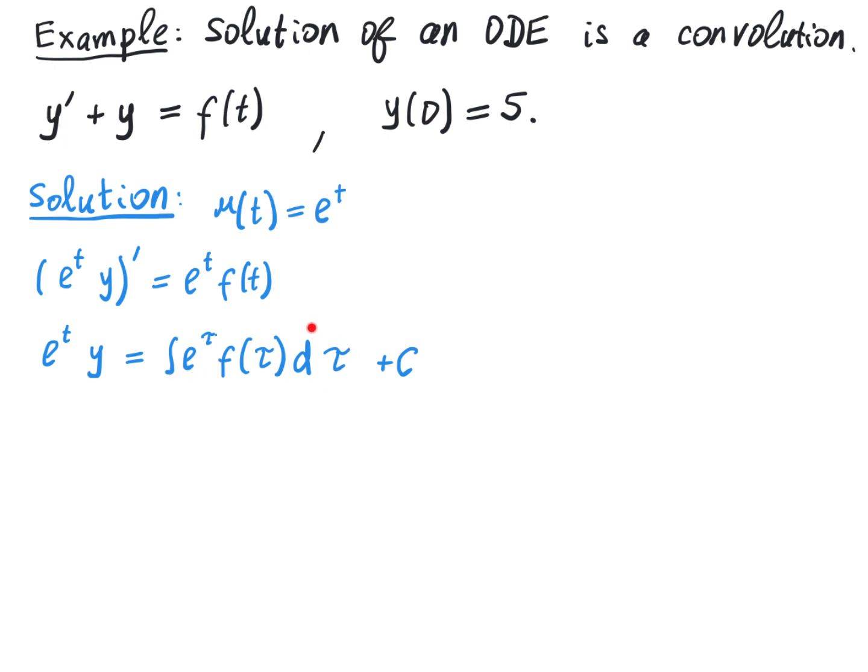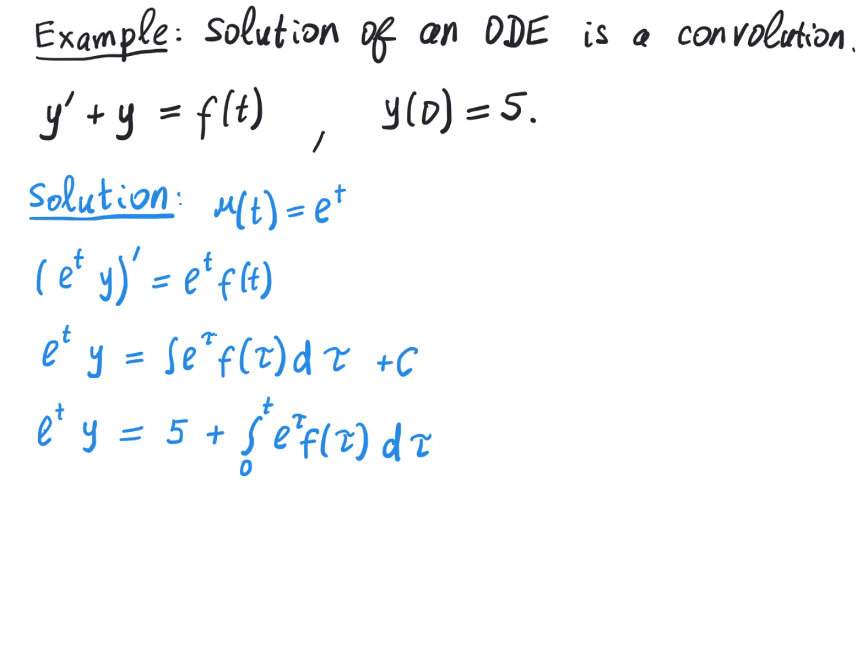So this antiderivative is defined up to a constant c. And since we have the initial condition y of 0 equal 5, we can rewrite this expression as a definite integral, with c equal to 5. And then we have a definite integral from 0 to the current moment t of e to the tau f of tau.